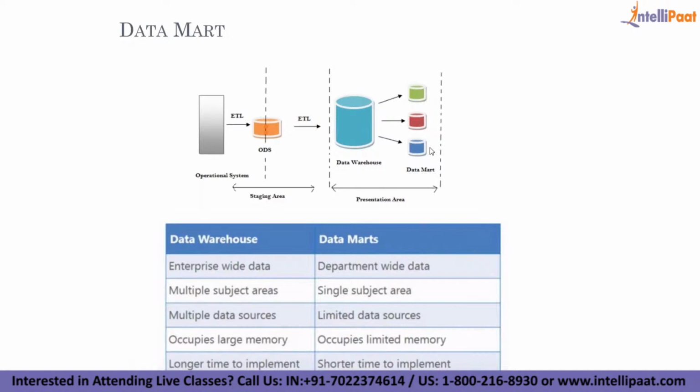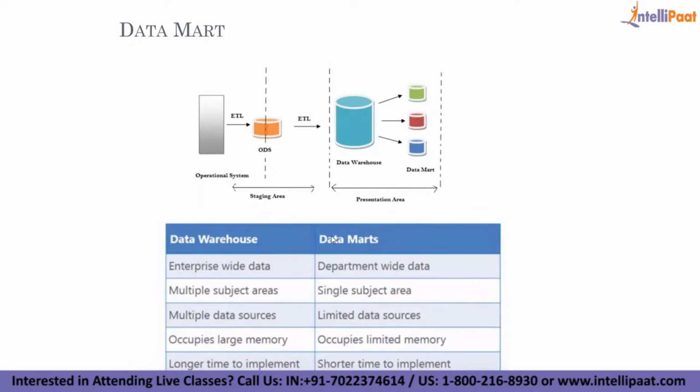Just as a 1 TB hard disk is divided into C drive, D drive, and E drive, in the same way we will logically divide the data warehouse, or one particular database, into multiple data marts. The data mart will have subject-oriented information based on the business.